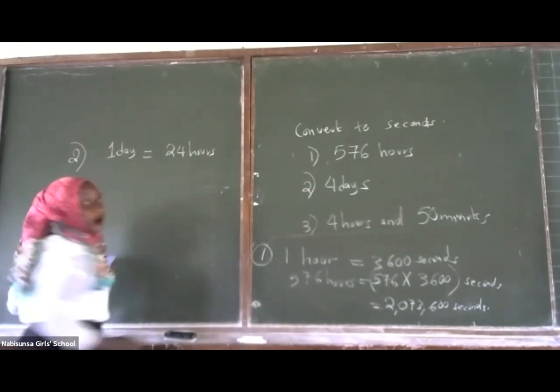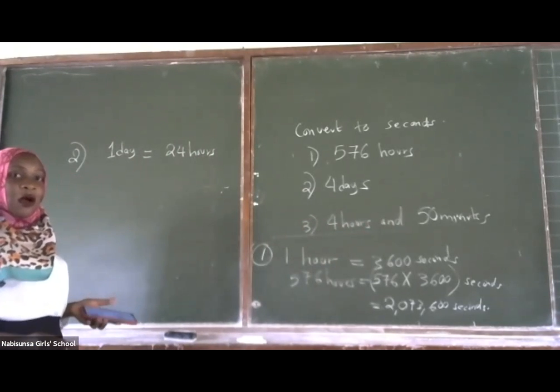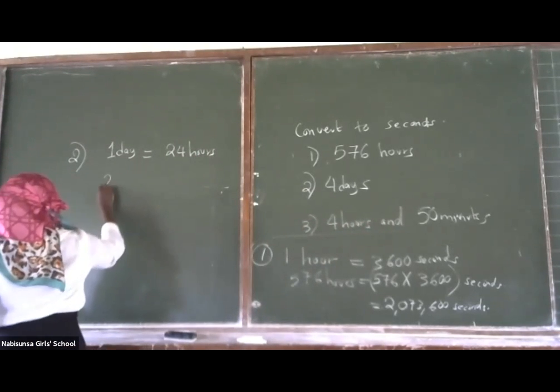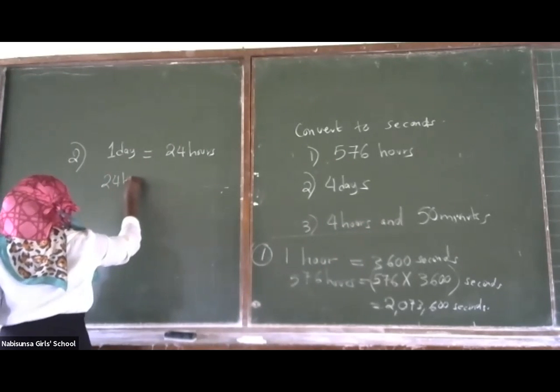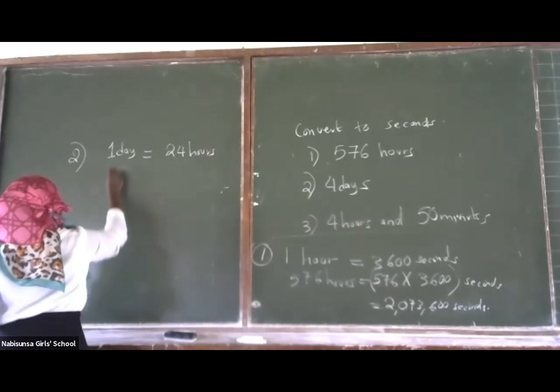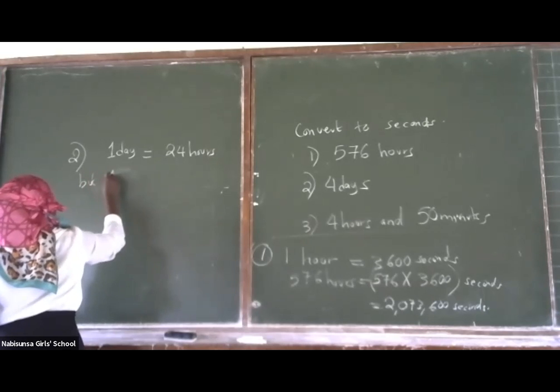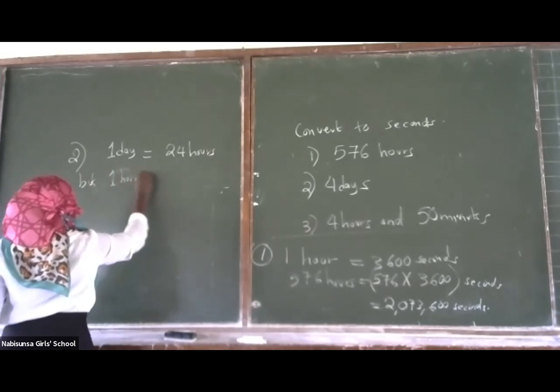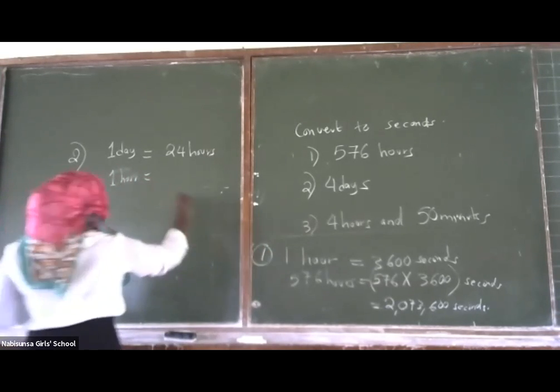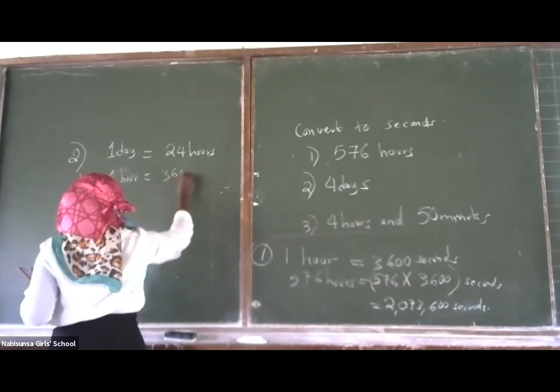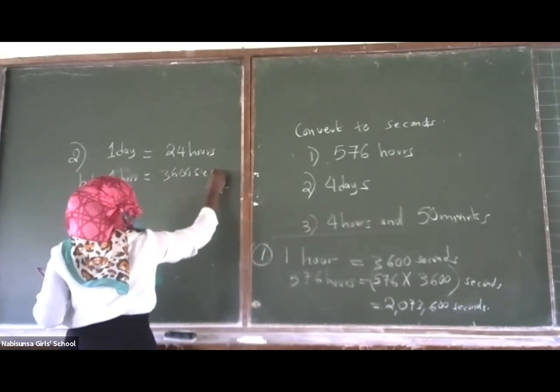But 1 hour has how many seconds? 3,600 seconds.